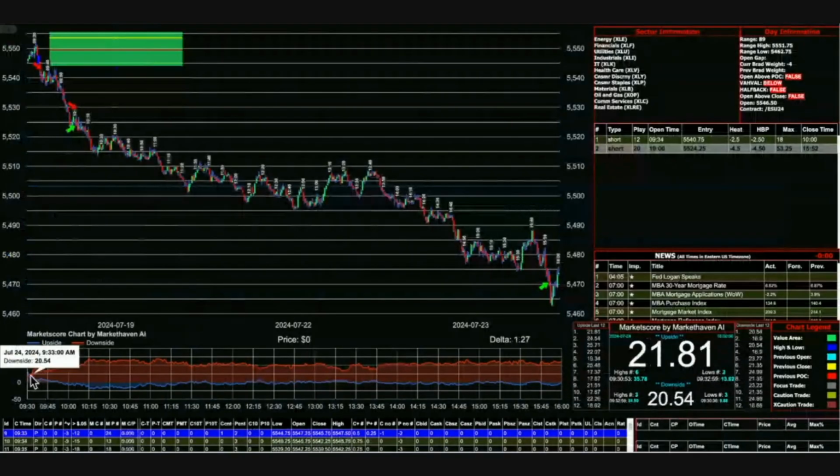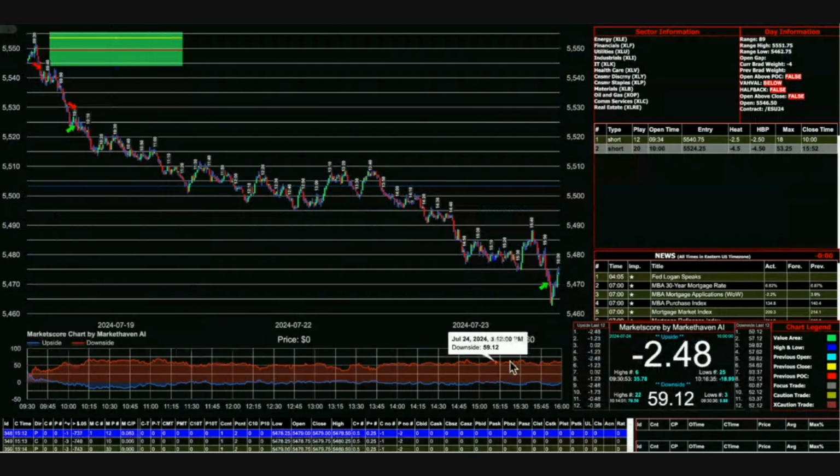This one, you can see the downside score just kills it all day long. Now, here's what's interesting. By 10 a.m., 30 minutes into the market, there are 18 new highs for the downside, 6 new highs for the upside, while you have 18 new lows for the upside and 3 new lows for the downside. So potentially, and this isn't every day, by 10 a.m. you can tell that the downside is going to be a strong day.